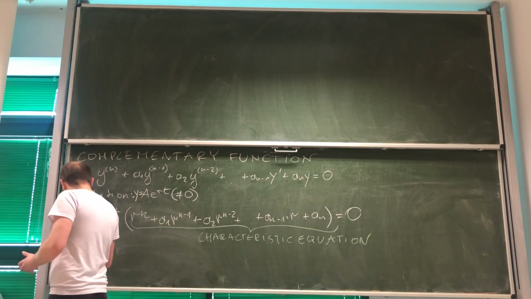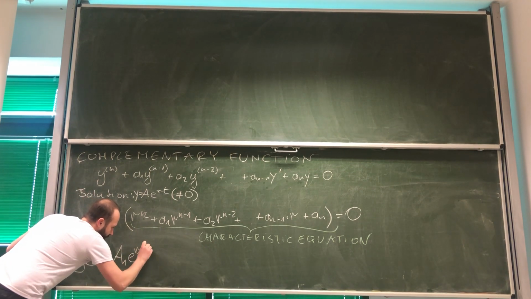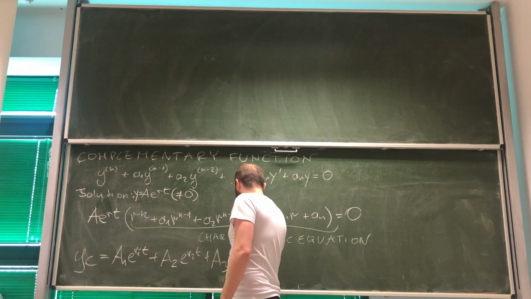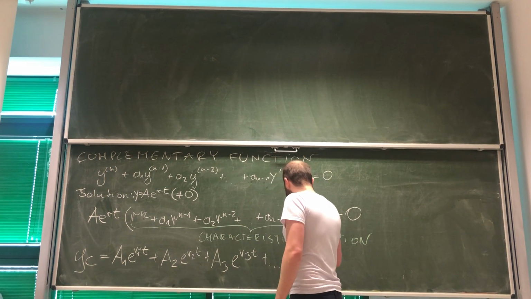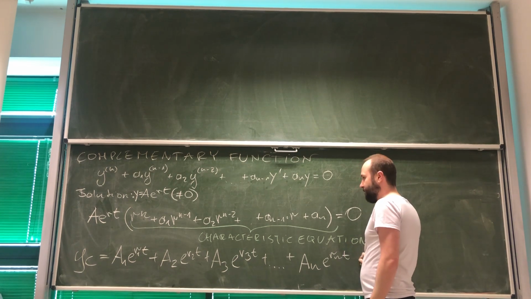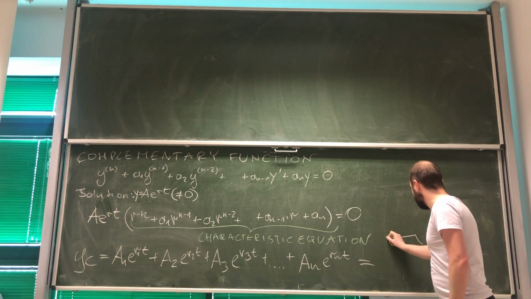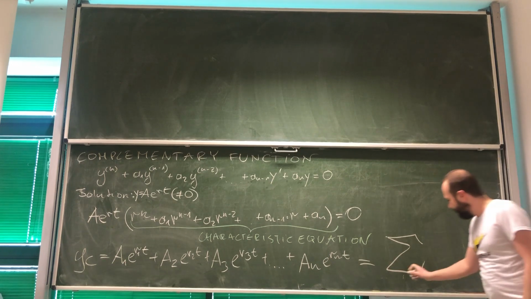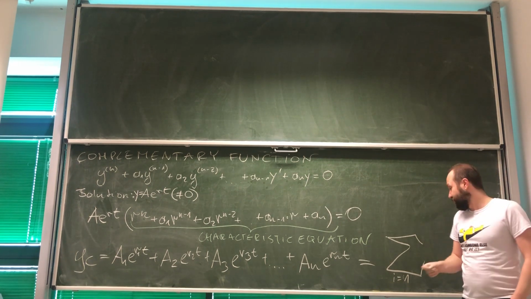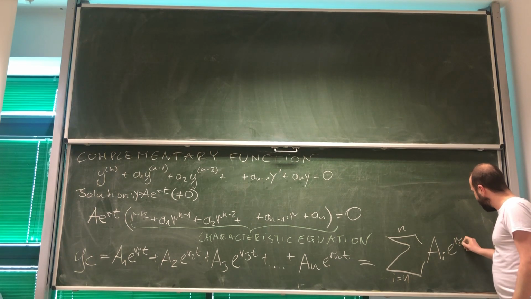How is it going to look? Our complementary function is going to be a1 times e to the power r1t plus a2 times e to the power r2t plus a3 times e to the power r3t plus, until, an e to the power rn t, which we of course can simplify using some notation, and we get that for i equal to 1 up to n, we've got ai e to the power ri t.